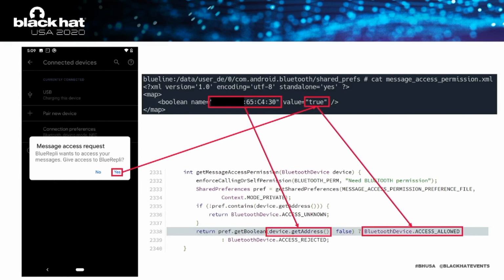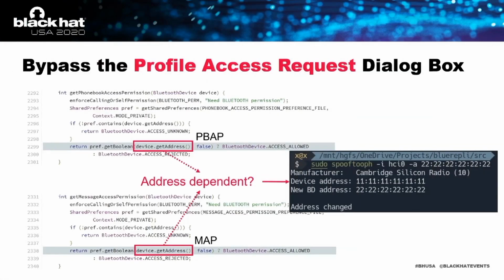If the user clicks yes, our address and the permissions will be recorded in shared preference. Therefore, the next time we request permission, the dialog will no longer pop up. In simple terms, the problem with this permission verification mechanism is obvious: we can forge the Bluetooth address, just use spoofing to achieve this.